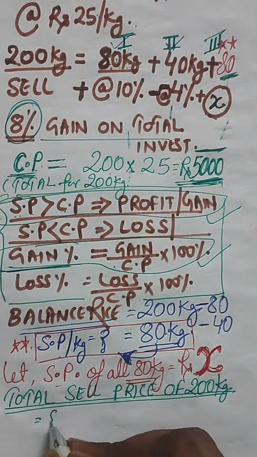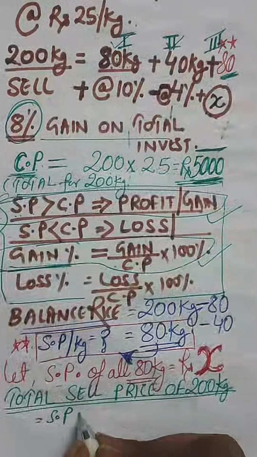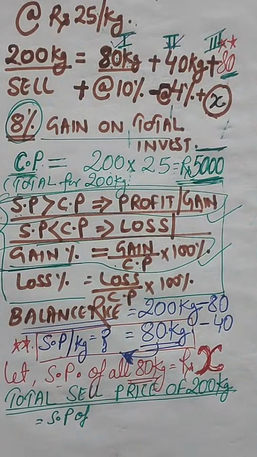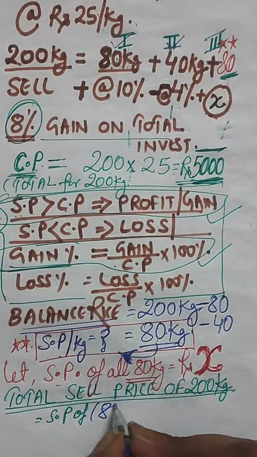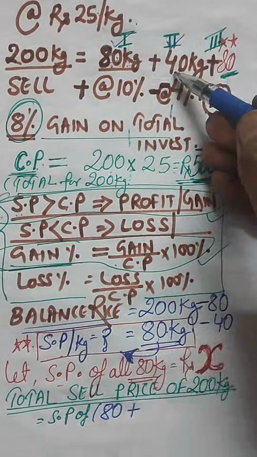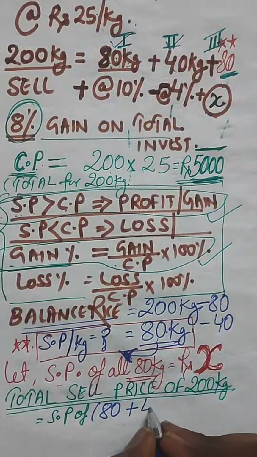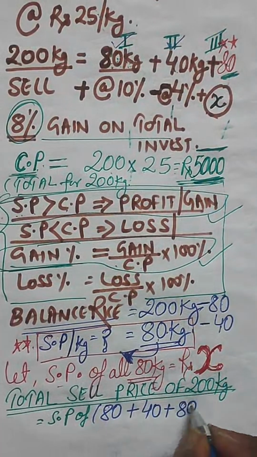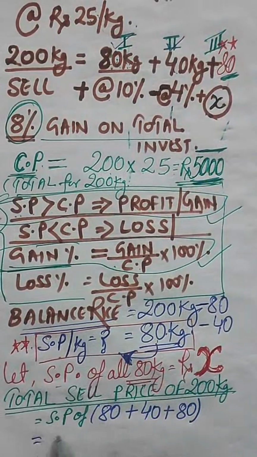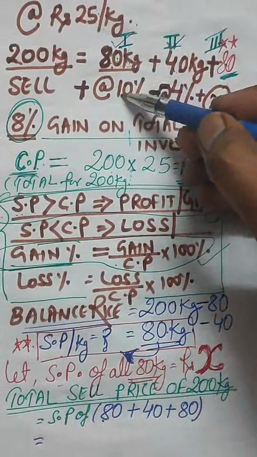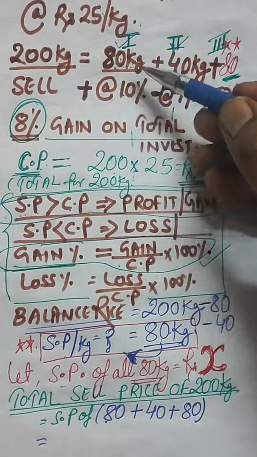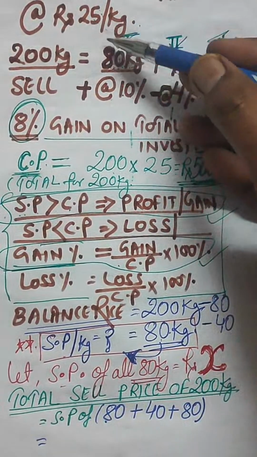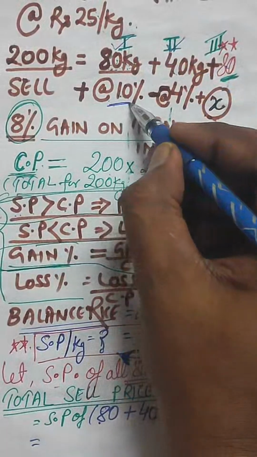So let me elaborate a little. Selling price of 80 kg, then the second part 40, then the last one 80. So here selling price of this 80 kg with making a profit of 10%. So what is the cost price of this 80 kg? 80 into 25, this will be 2000, but he is making a profit of 10%.